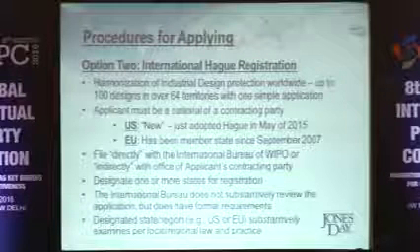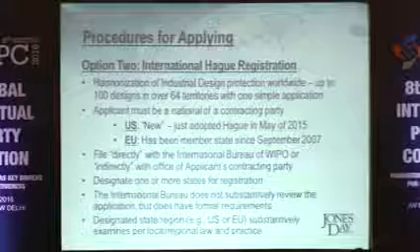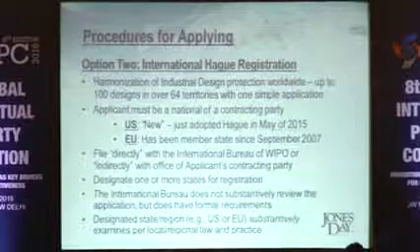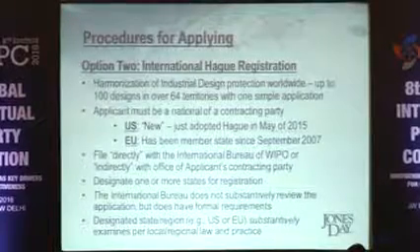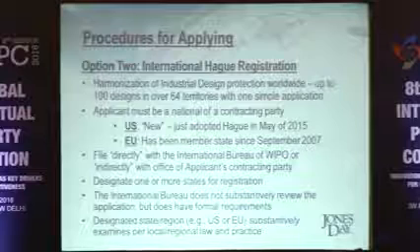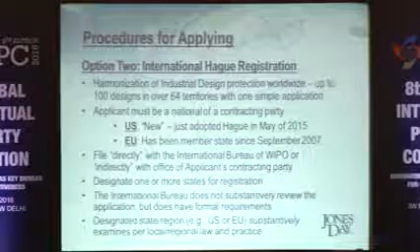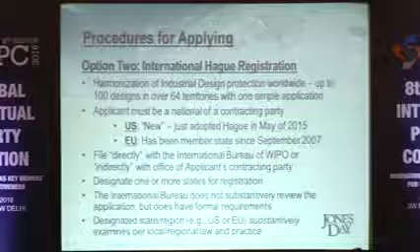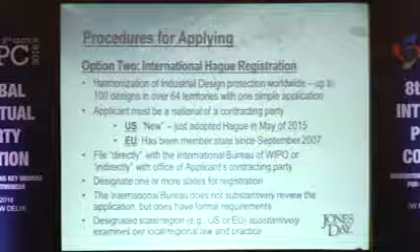For the international registration, you have the possibility to cover presently 64 territories, and it can be one application for up to 100 designs, which gives you a huge possibility and a great range of protection.